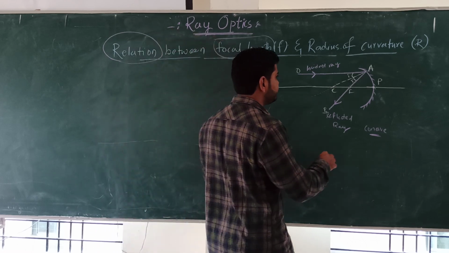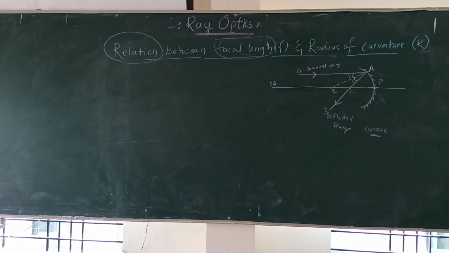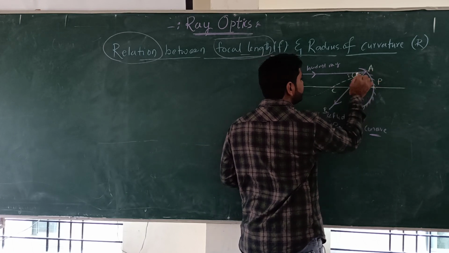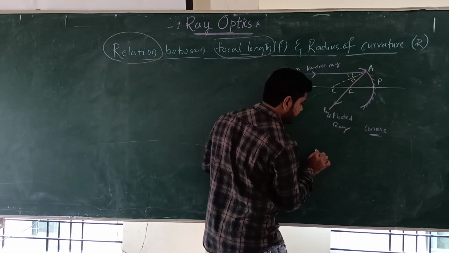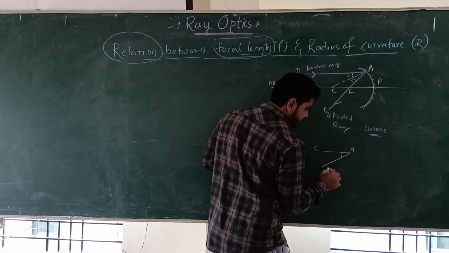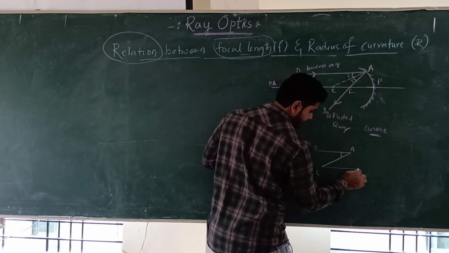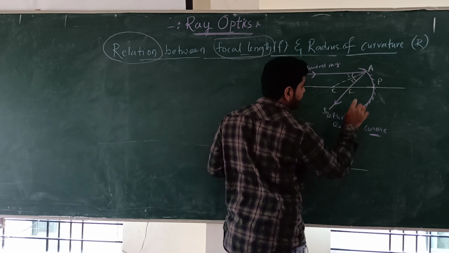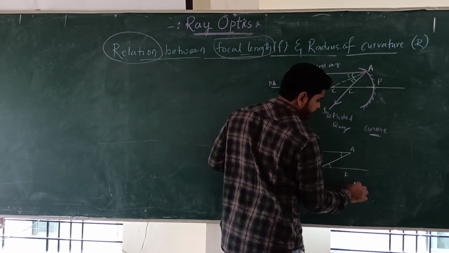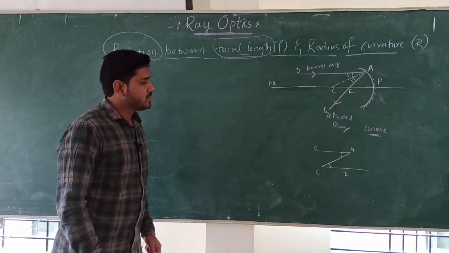Now see, if you observe here, angle OAC, I will draw this again here. So this is OAC, and again one more here like this, angle ACF. Somewhere here it is F. Angle OAC and angle ACF are equal.